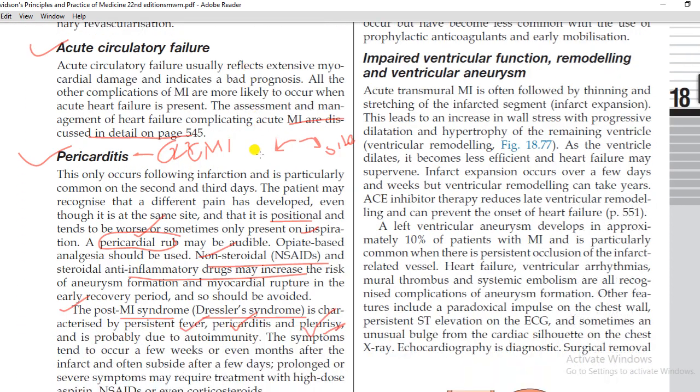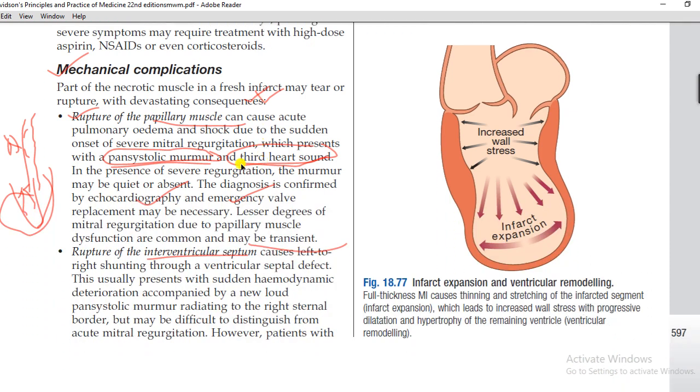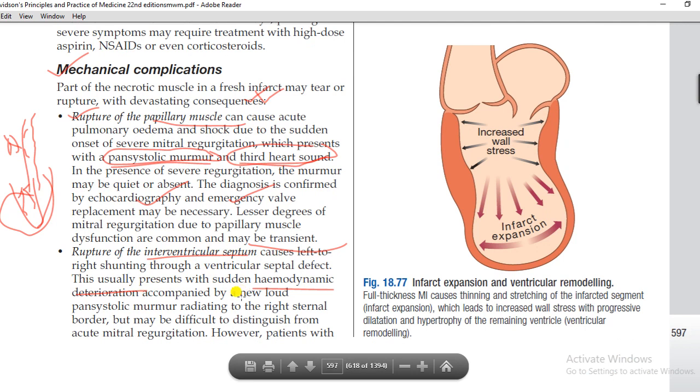I need to study this again. Mechanical complication: rupture of the interventricular septum causes left to right shunting of the blood. It presents with sudden hemodynamic deterioration accompanied by a new loud pansystolic murmur. Pansystolic means that throughout systole there is a sound. It radiates to the right sternal border.